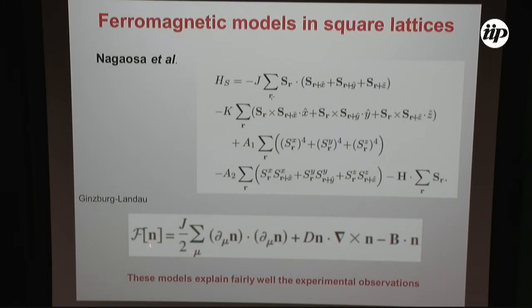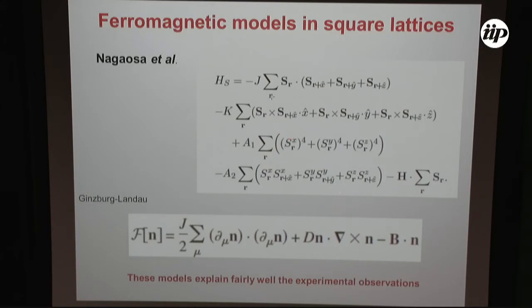Essentially, the main result from the theoretical point of view in the continuum limit is that these phases are obtained if you analyze this continuum model. The first term is the one I have shown you from Belavin and Polyakov, which corresponds to the nonlinear sigma model term. Then you get this term, at least for this cubic symmetry, when you go to the continuum limit.